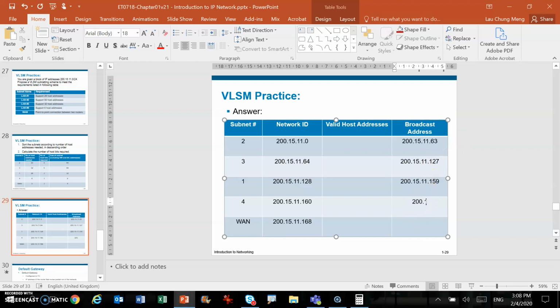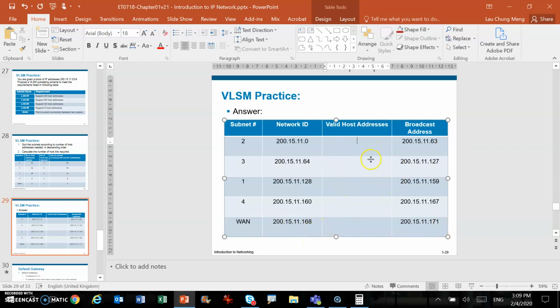This is 167. And finally, the size of this wide area network is 4, so 200.15.11.171: 168 plus 4 is 172, minus 1 is 171.